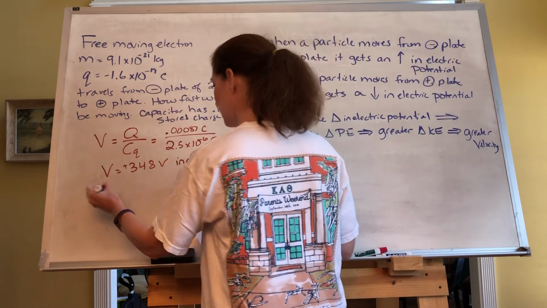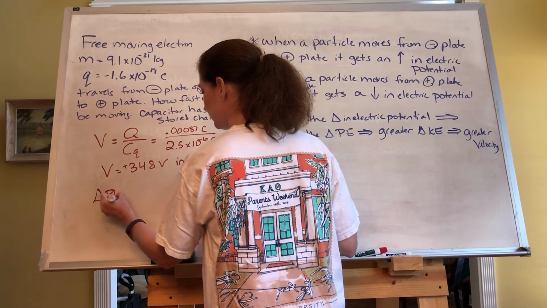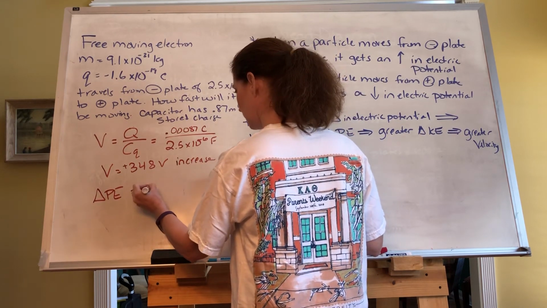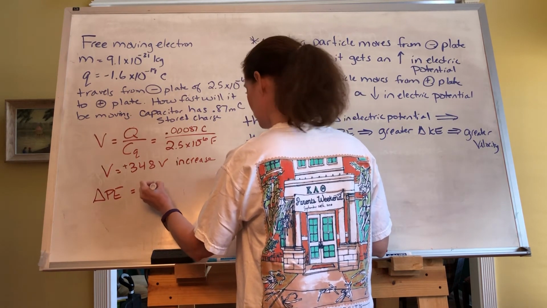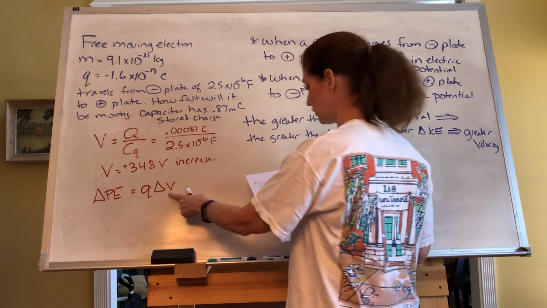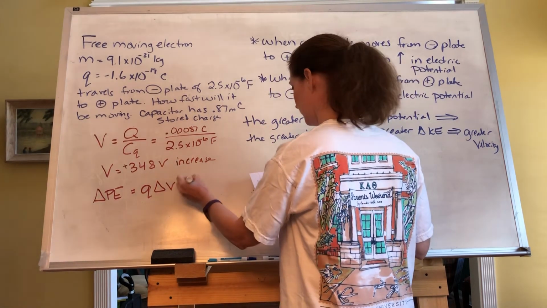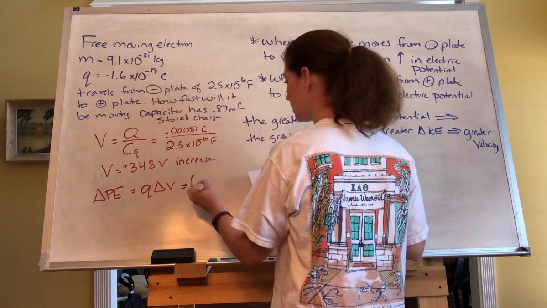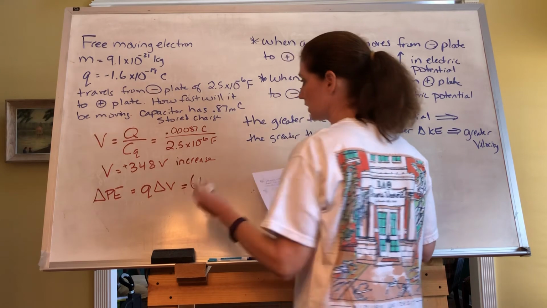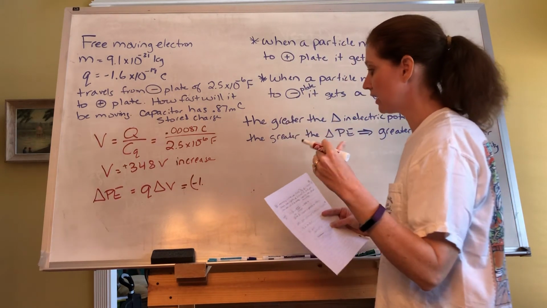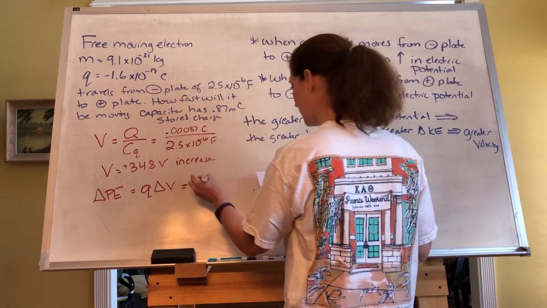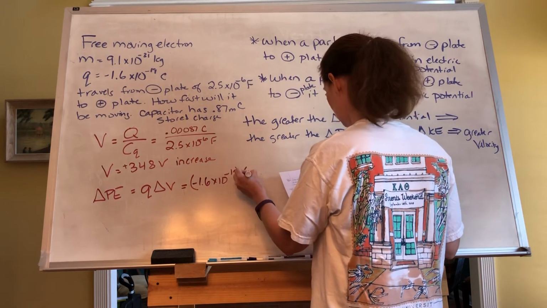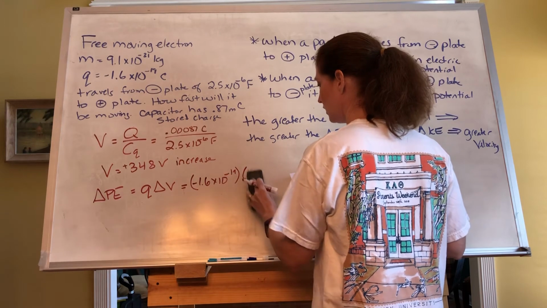All right, so if you remember, change in potential energy is Q times change in electric potential. That is our charge here, because we're looking to see what that electron is doing, and that's times 348.